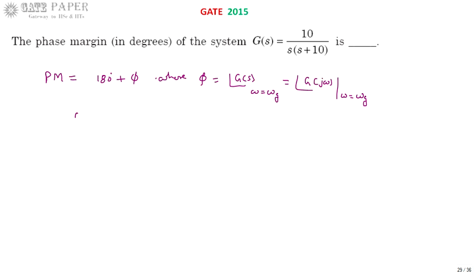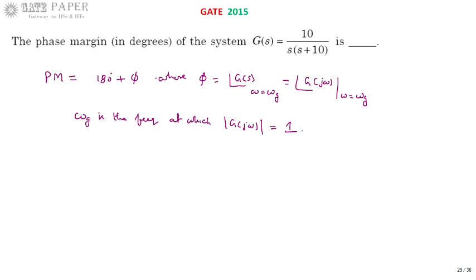Gain crossover frequency, omega G, is the frequency at which the magnitude of G(j omega) is equal to 1. So whenever you equate the magnitude of G(j omega) to 1, that frequency is called the gain crossover frequency.